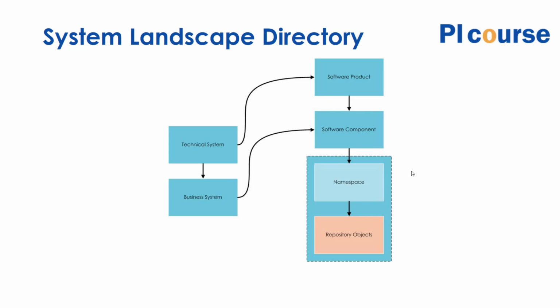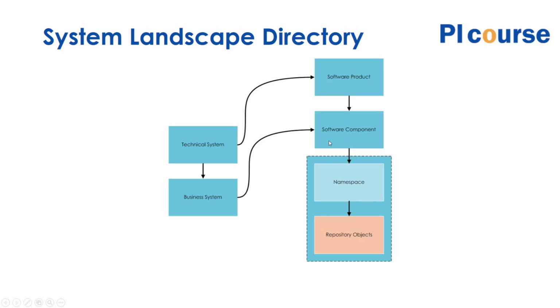And if we look at the system landscape directory, then we would have the technical system. So this is a real system that you have. You have your development PI system, development ERP system. These are technical systems. And then you create business systems on top of these. That is, for instance, if it's the ERP, you would have an ERP development client 100 as your business system.